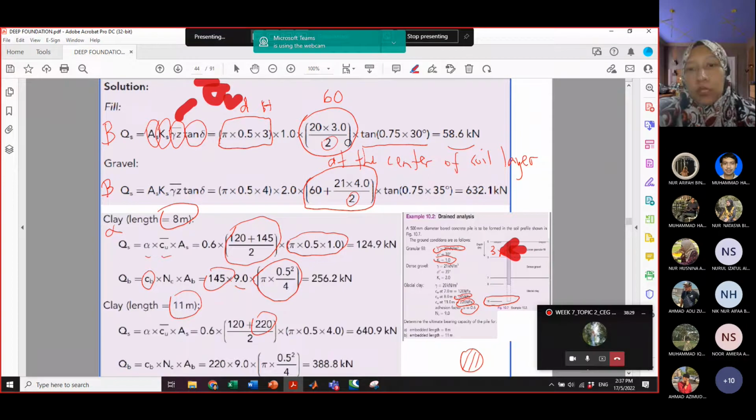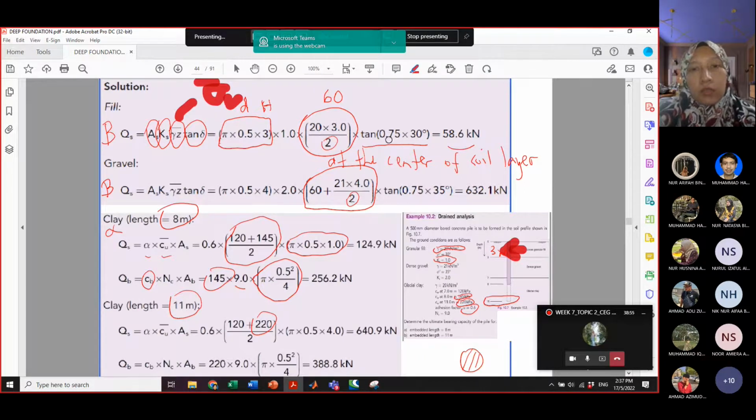What is this 20? Here we call it gamma. Gamma 20 is the unit weight of the soil. Z here is 3. Why divide by 2? Because we want to take the mid, or center, of the soil layer. That's why we divide by 2.